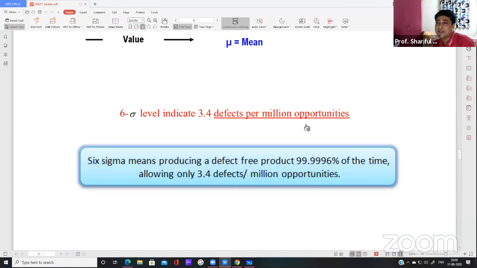Not only this, the Six Sigma concept can be attached everywhere. For example, you can attach it to a student. How can we attach this kind of concept? For example, let a student appear in 1 million exams. If the number of unsuccessful exams is less than 3.4, then he will be declared a Six Sigma student.